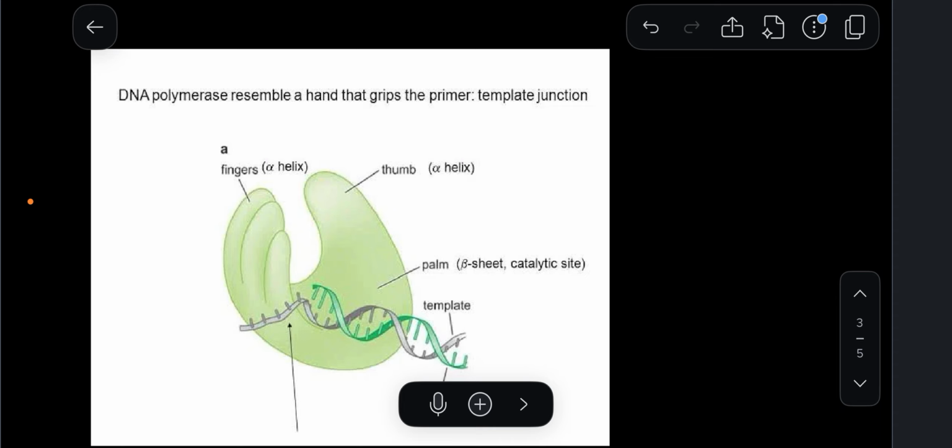When nucleotides are added to the growing DNA strand, sometimes a wrong nucleotide may be incorporated. Wrong nucleotide means that the addition of nucleotides to the growing strand depends on the sequence of the template strand. The incorporating nucleotides must be complementary to the template DNA strand.